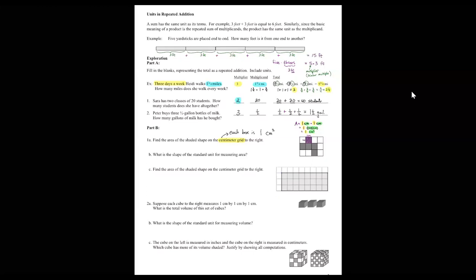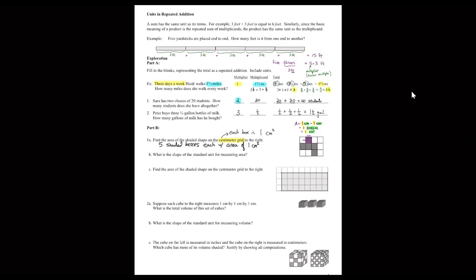Looks like I have 1, 2, 3, 4, 5 of those boxes. All right, so I have 5 shaded boxes, each with an area equal to 1, let's also say an area of 1 square centimeter.